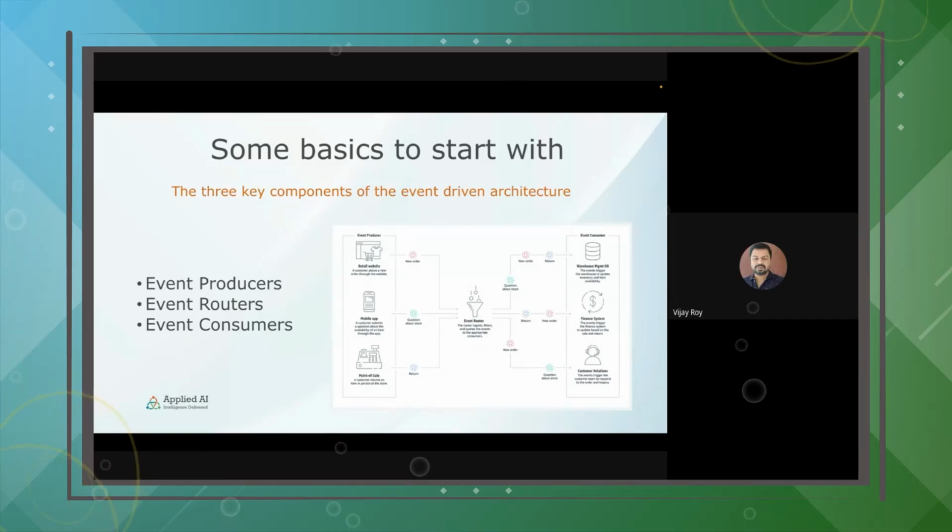They all talk to the event router, which has the intelligence of routing the event to the right consumers. And again, in our real example, we'll talk about the consumers, which will be in the world of emails and IoT-based solutions. But in this example, the consumers are basically your database.